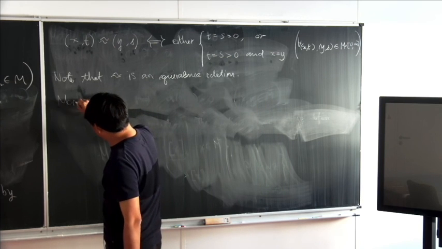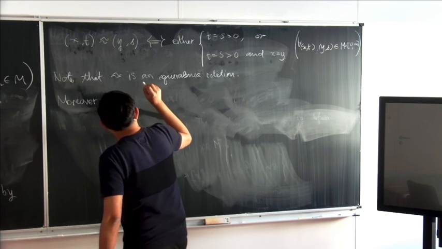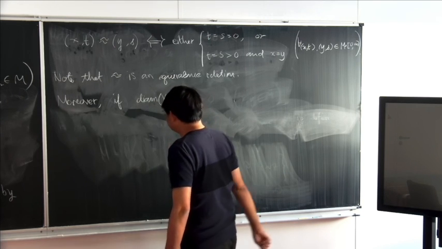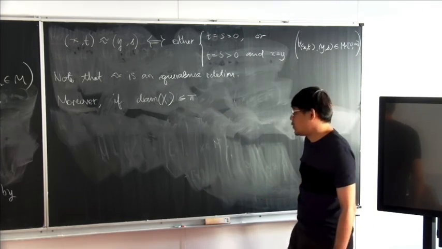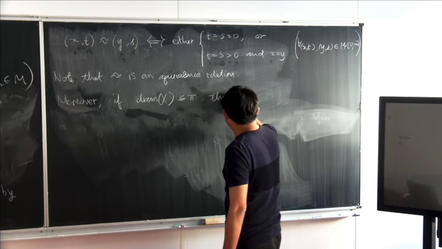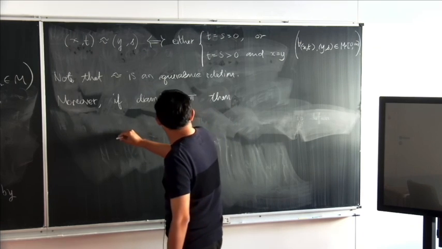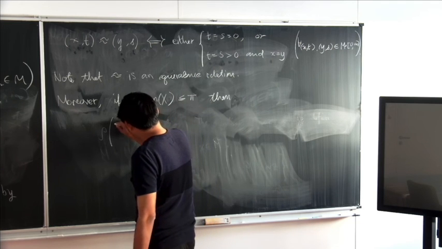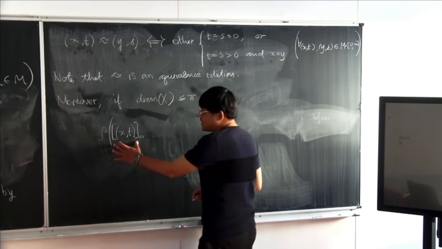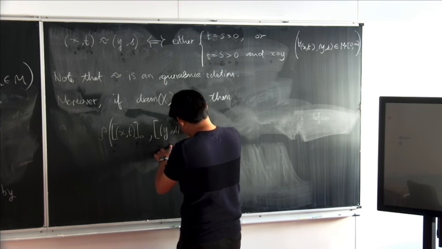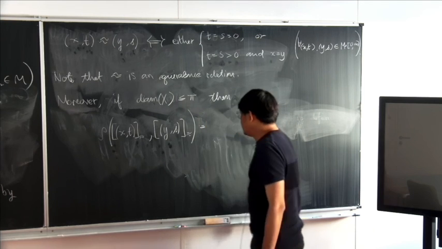Moreover, if the diameter of M is less than or equal to pi, exactly pi, no curvature involved, then we have rho of the equivalence class of (x, t), defined with respect to this double tilde, and (y, s).